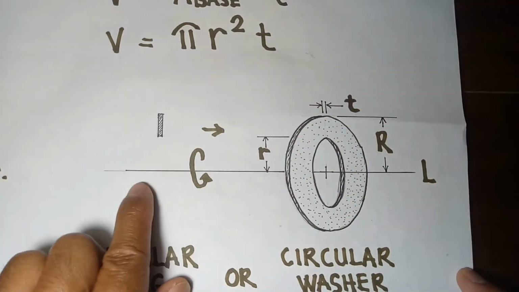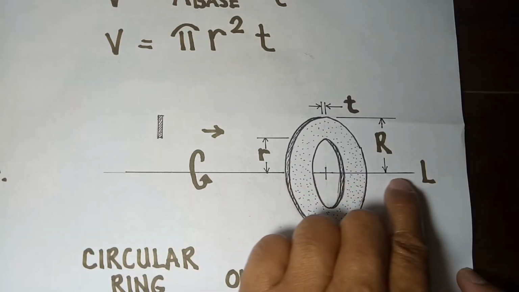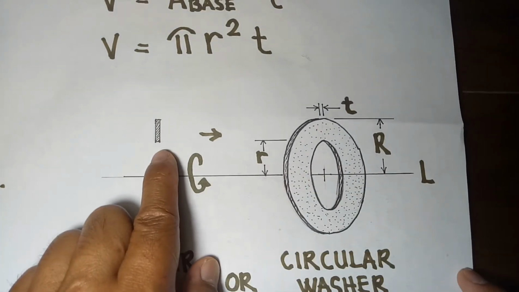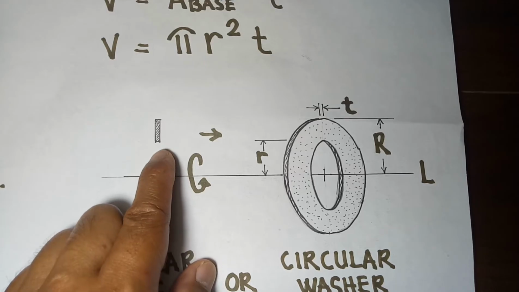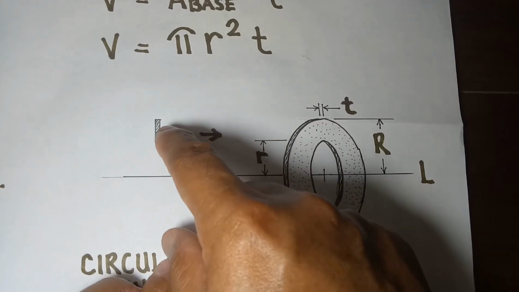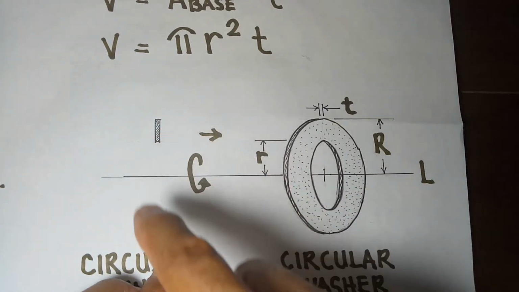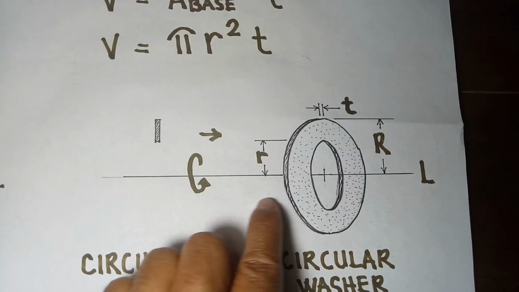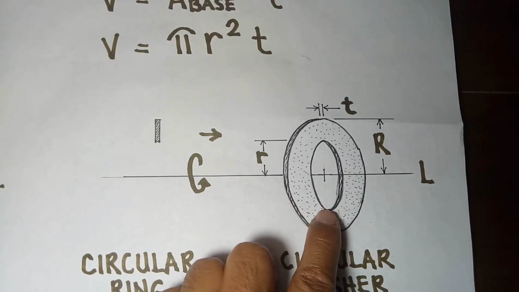So, ito yung ating line L. Ito naman yung ating plane area. So, yung plane area natin does not lie on the line L. So, if we are going to rotate this plane area about L, so this is the solid to be generated.